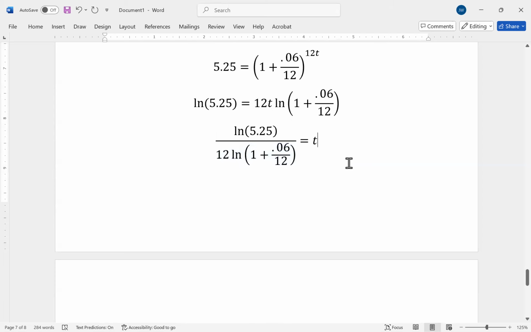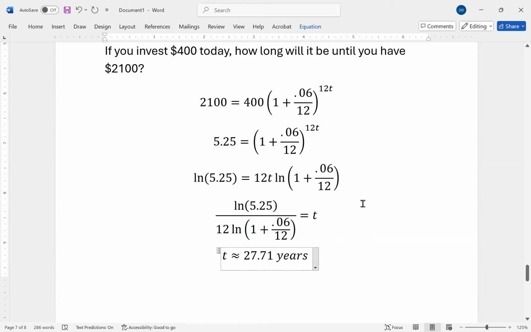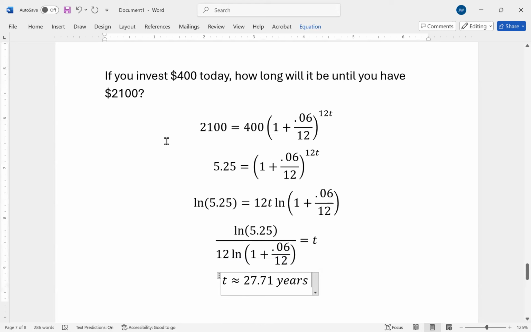I get a t value of approximately 27.71 years. So at 6% interest, it's taking about 27, 28 years to go from 400 to 2,100.